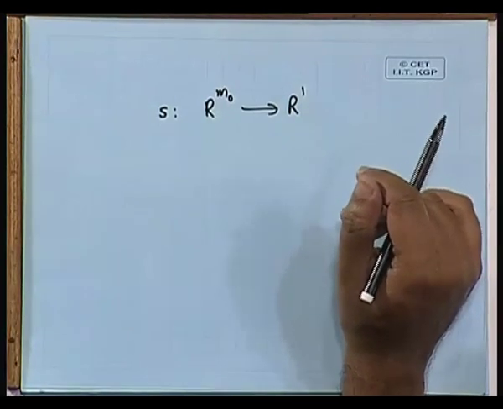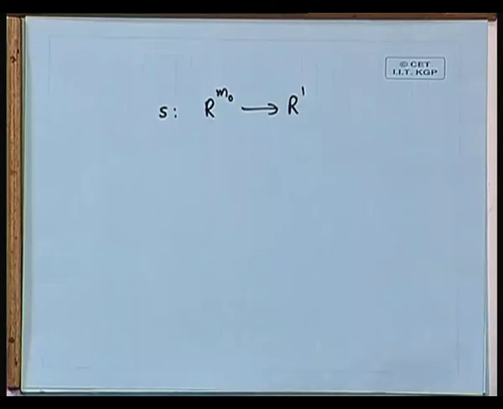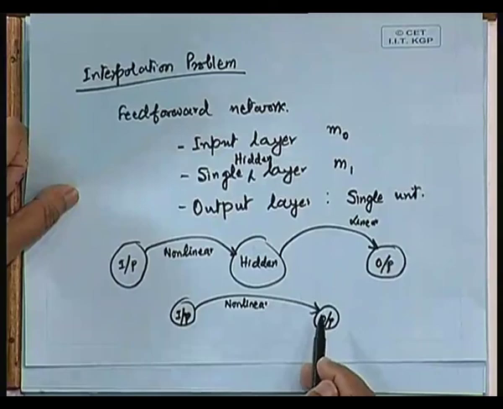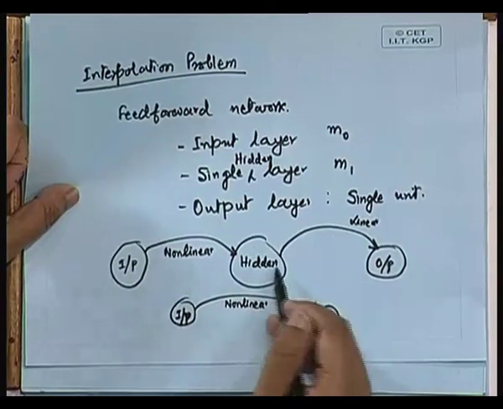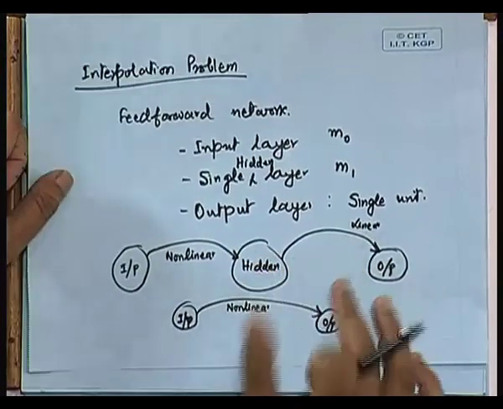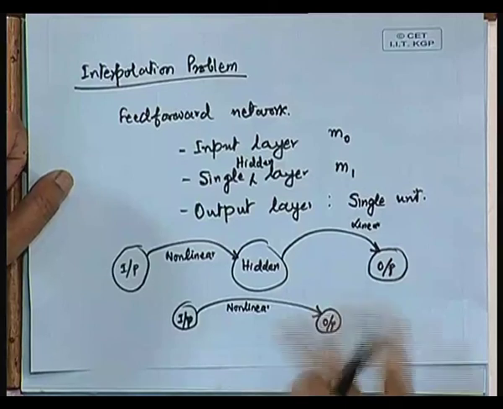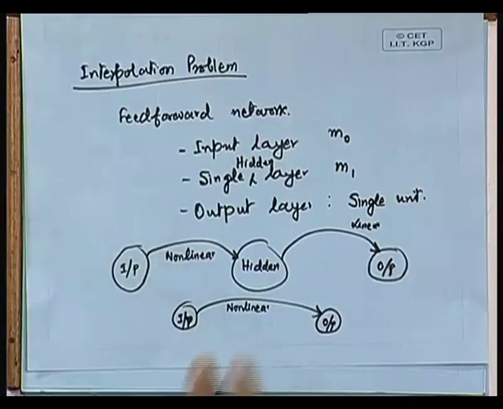I have considered the entire mapping problem in an integrated way, I mean, input to output. I am not considering the in between mapping that we are doing to the hidden layer. The hidden layer has performed its job, and we are now looking at the whole radial basis function network from a black box point of view. There is input, there is output. So, there is no M1 that is coming in. It is a simple M0 dimensional to 1 dimensional mapping. Okay.